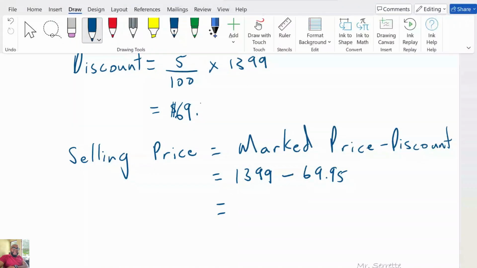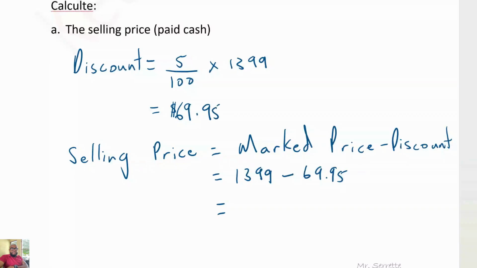That's 69 and 19 over 20, which is 69.95. I'm going to minus this way again. 1,329.05. Excellent. That there will be my selling price.